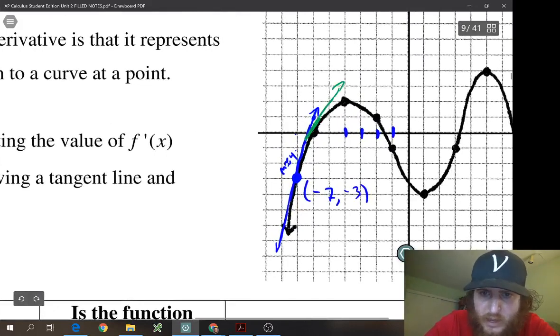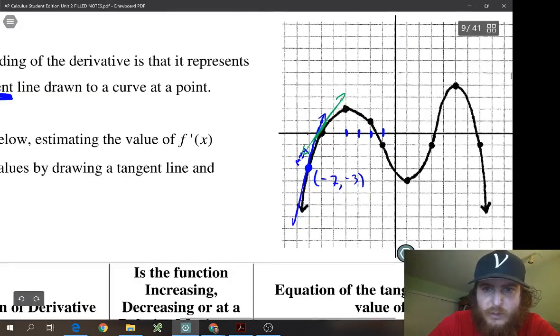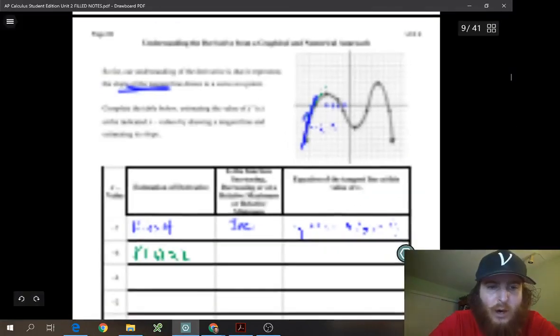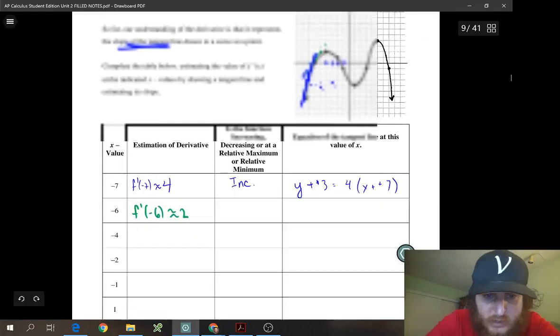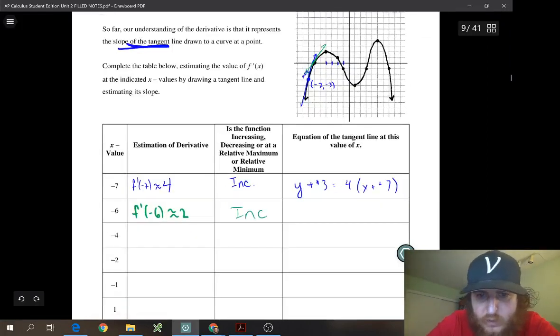And so my line, I saw it was going up 2 over 1. So I said it was about 2. But if you got 3, if you got 1, that's fine. The main thing is that you got increasing here. Okay? And so then everyone should have y minus 0. But if your slope is different, as long as it matched up with your estimate, that's great. And so that would be x plus 6.